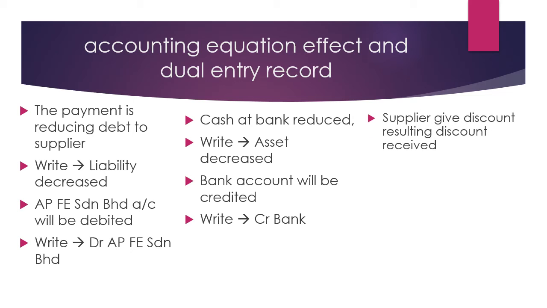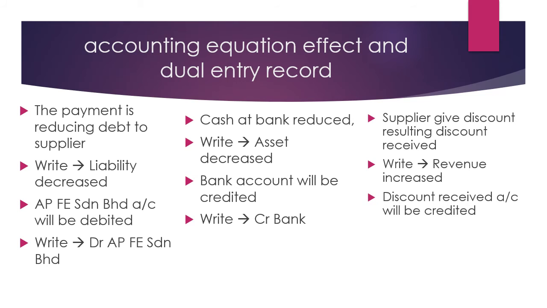And the discount given by the supplier will result in you opening a new account that we call discount received. So you will write revenue increase because discount received is classified as revenue. So in your accounting equation effect, you need to write revenue increase.